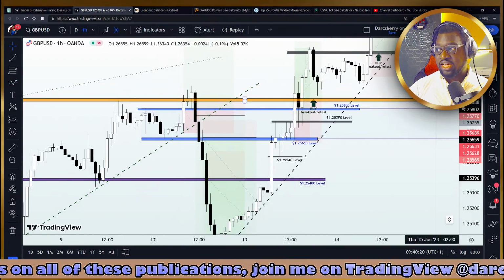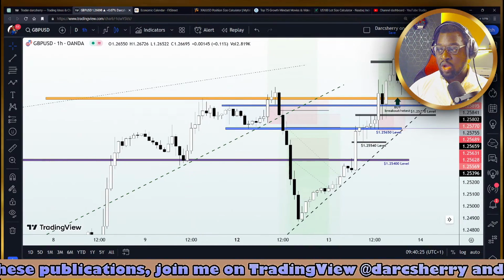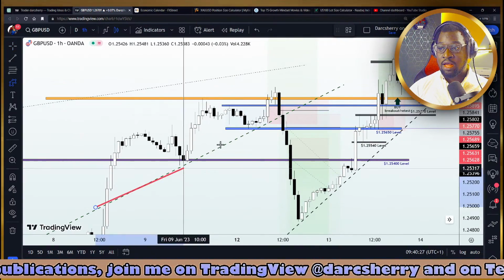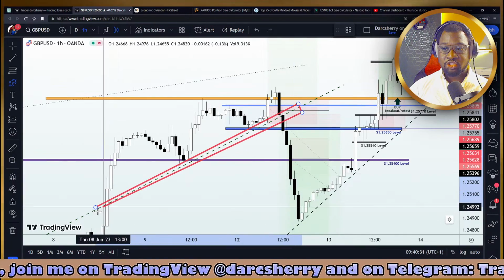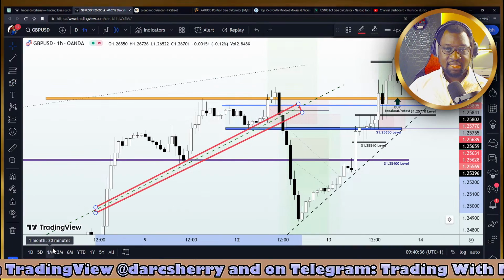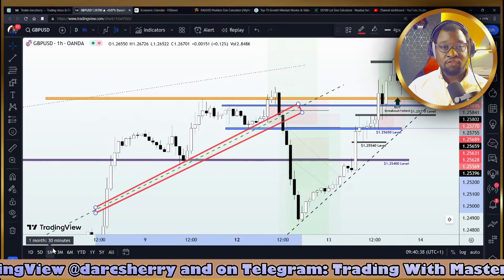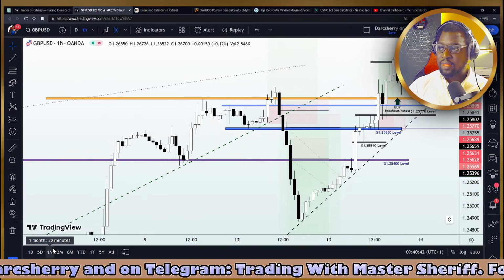And in addition to that range, there was this beautiful trend line we identified, where we said it will help us to guide our trading activity. That is, if price action remains above this trend line, we shall feel comfortable buying the GBPUSD, while a breakdown of this trend line will definitely signal an opportunity to sell.